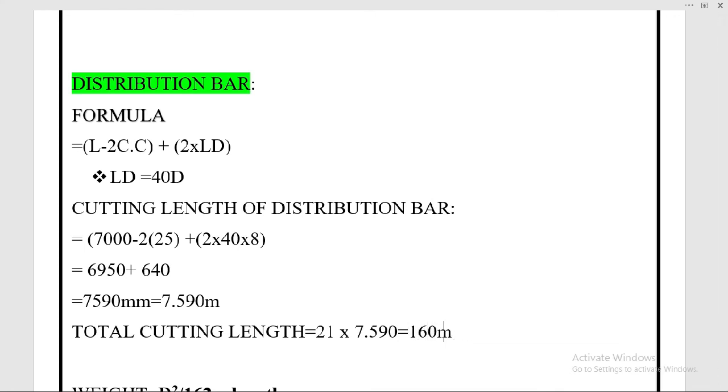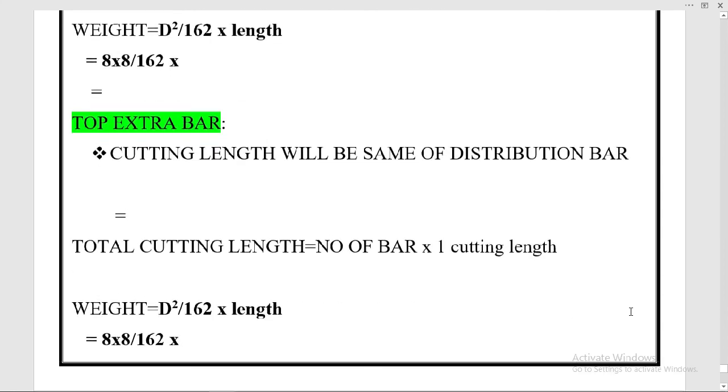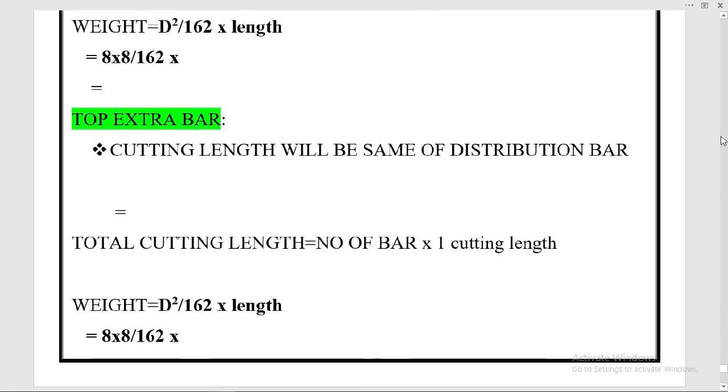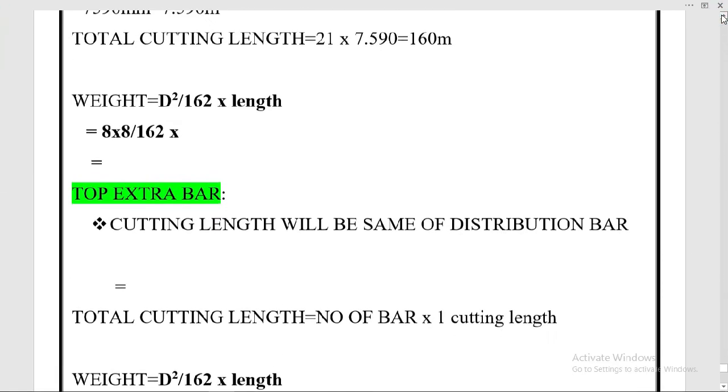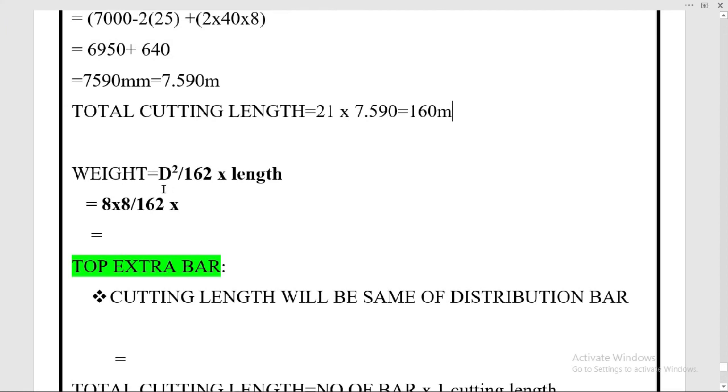Now let me calculate the weight of the distribution bars. We know the dia of the distribution bar is 8 millimeter, so 8 square divided by 162, multiplied by the length, 160 meter.